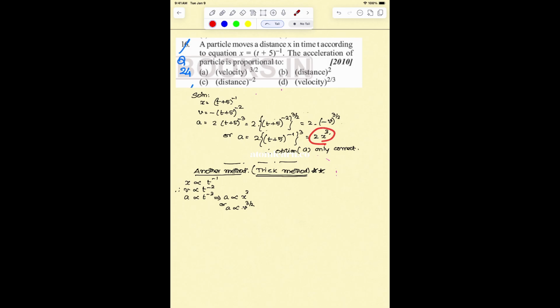Whereas now they are not particular about the exact function, they want only what it is proportional to. In such cases, where they want proportionality only, you can use a simpler technique. Let me explain what the technique involves.